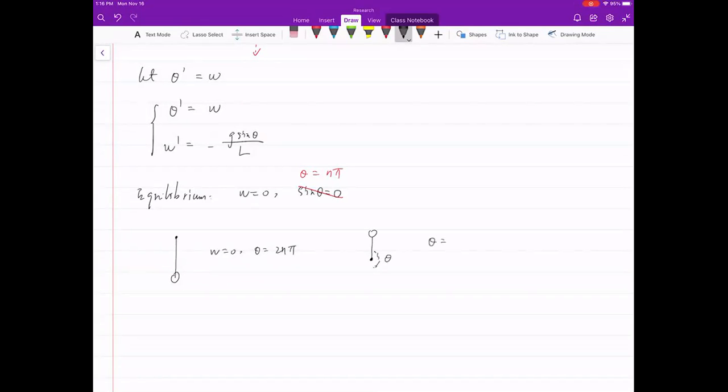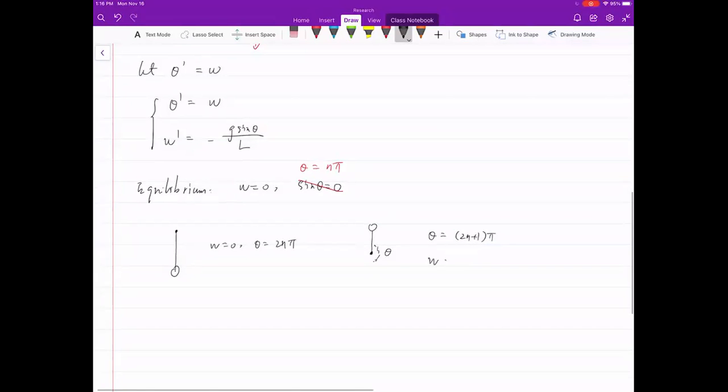So theta equals, actually, don't do that, (2n plus 1) pi, which means theta equals pi, 3 pi, or 5 pi, which are all the odd multiples of pi, and your omega equal to 0. And of course, this makes sense, right? You have done this before. You just hold a stick, you have some plate, and you just balance them. And if the balance is just right, it is actually going to stand still.